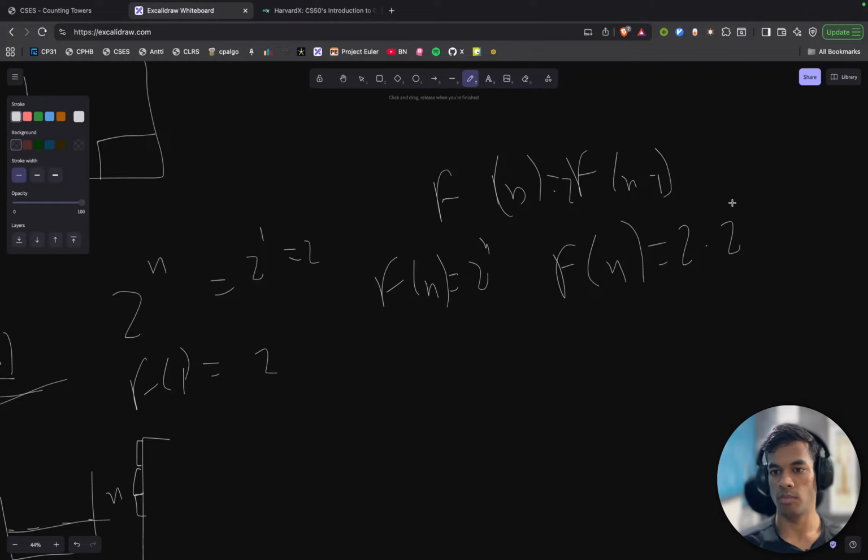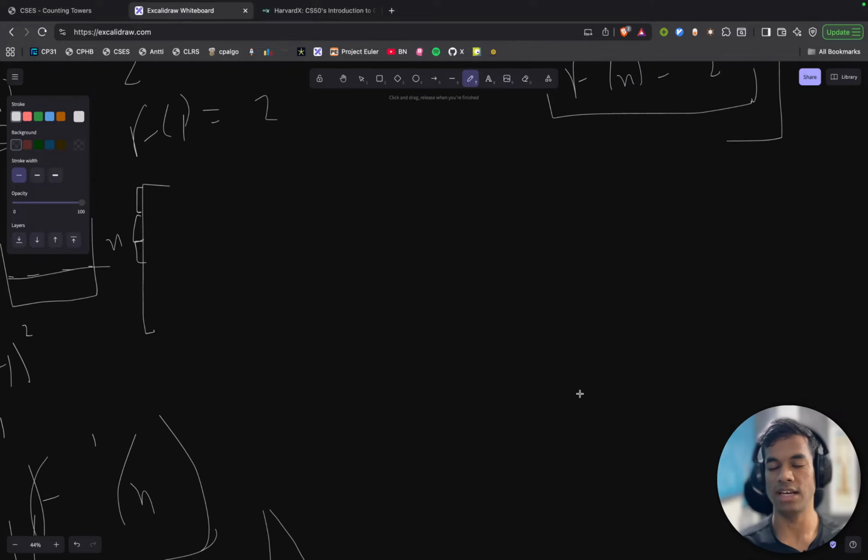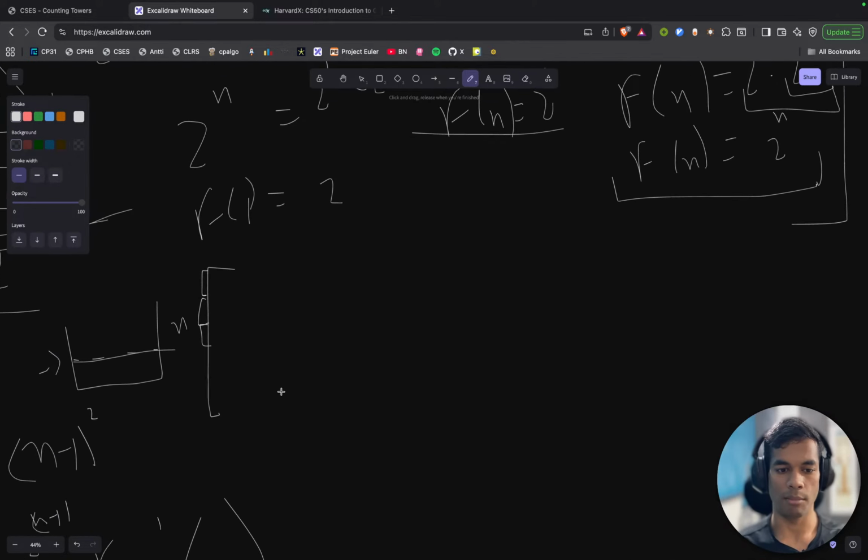By inductive hypothesis, we have proved the formula works for fn minus 1. And if you multiply 2 into 2 power n minus 1, this would be equal to 2 power n, which is exactly our closed form formula. So this thing works. Therefore, by induction, our inductive hypothesis is correct.